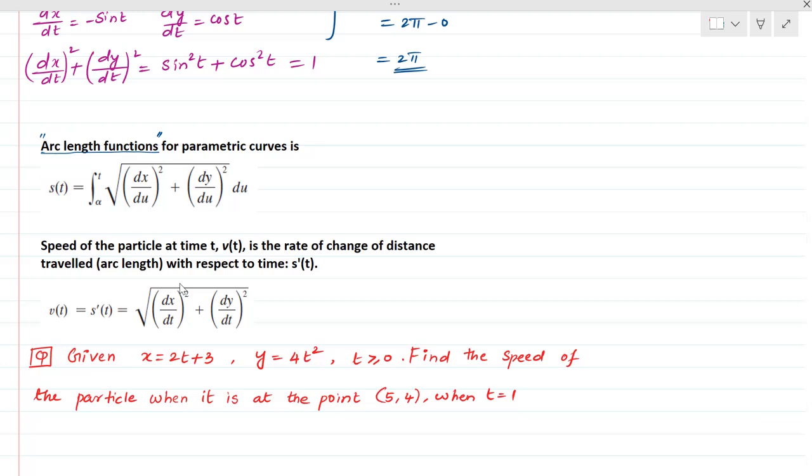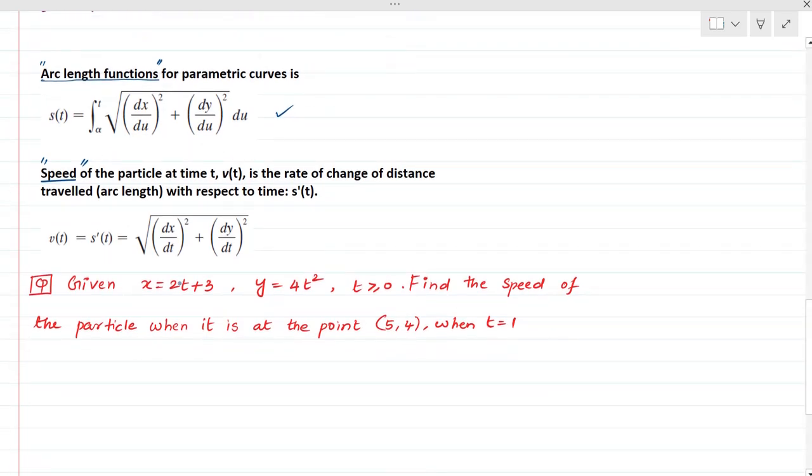And if you want the speed of the particle at time t, we can use the derivative of this part. The derivative and integration cancel, and you get the square root of this part.